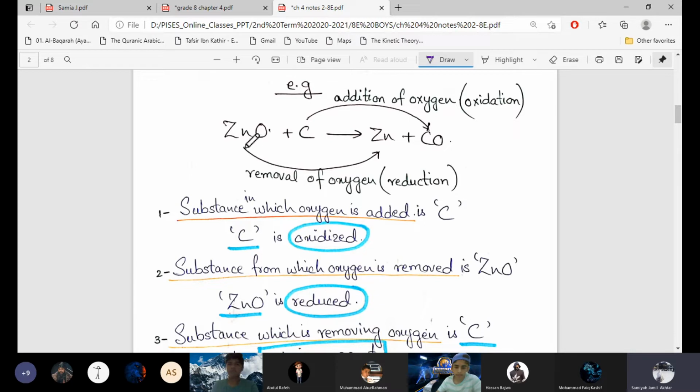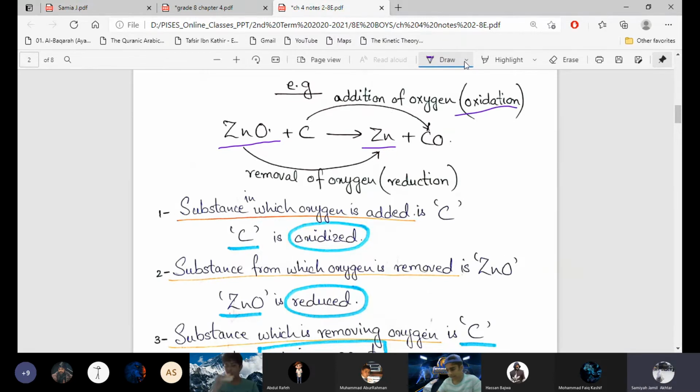It's just a review of the previous lecture. Zinc oxide is becoming zinc. What is happening from zinc oxide to zinc? Reduction, the removal of oxygen. From carbon to carbon monoxide, what is happening? Oxidation, the addition of oxygen.